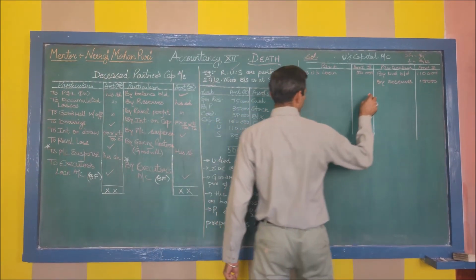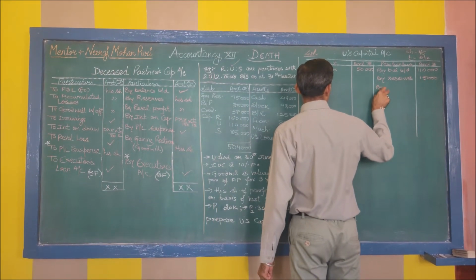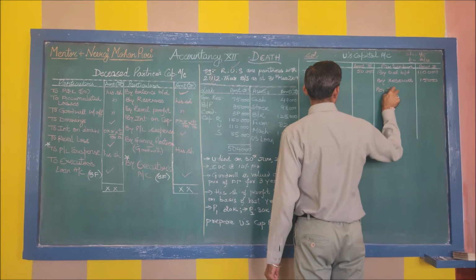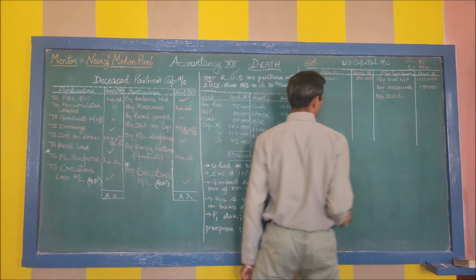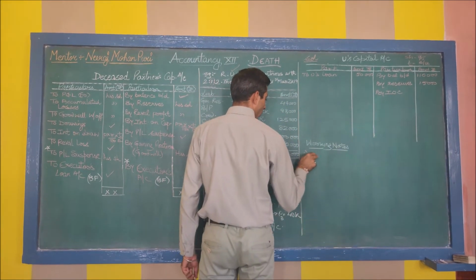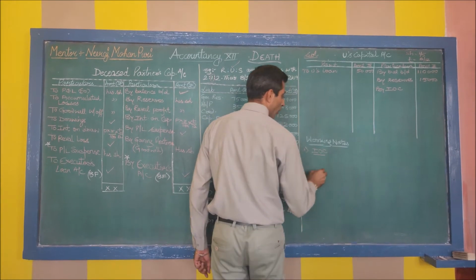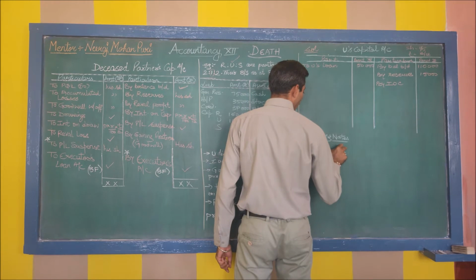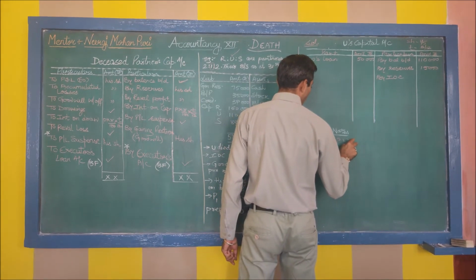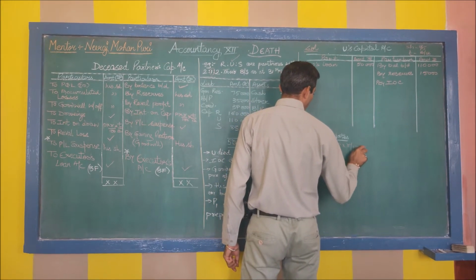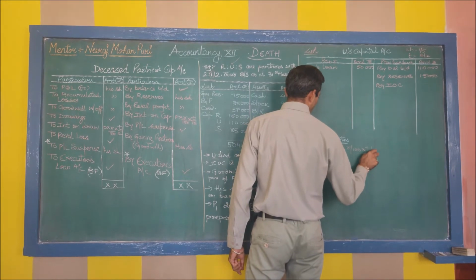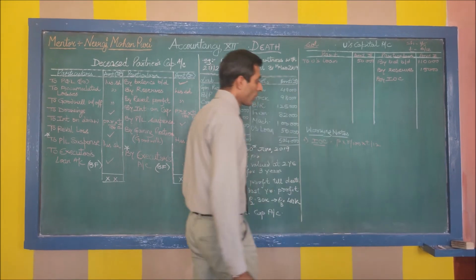Come to the working note and do the calculation of interest on capital. This is note number 1. Calculation of interest on capital. Our formula is principal multiplied by rate upon 100 multiplied by time divided by 12. So substitute the values.